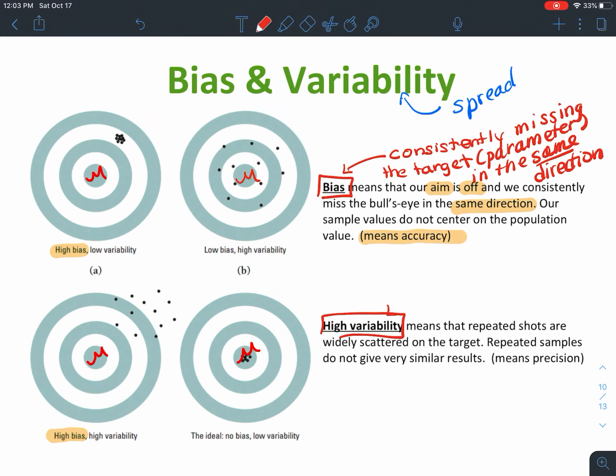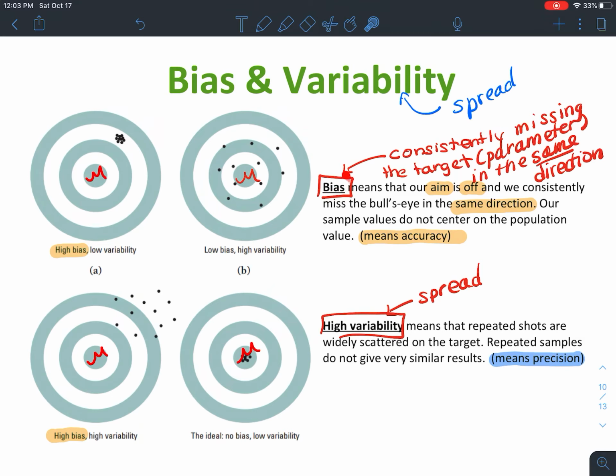Versus what variability is referring to, that's describing how spread out. If you were to take repeated shots and they're widely scattered on the target, this is referring to precision. You can see the 2 pictures over here on the right. These 2 pictures are showing, oh, I'm sorry, I should be talking about bias here.